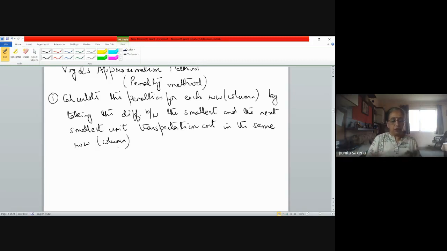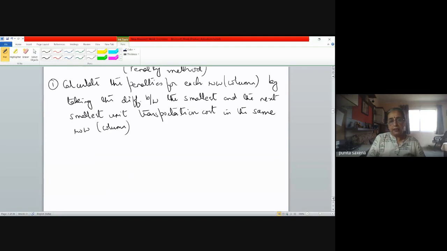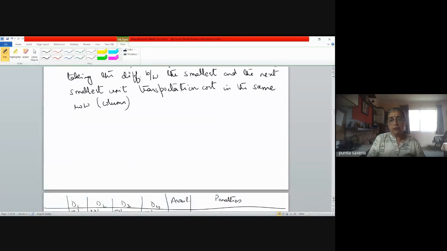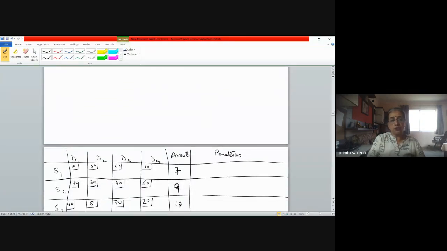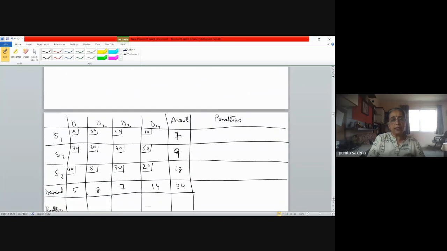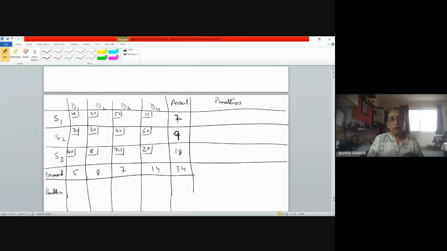See, remember this. This is your first step. That means we are going to compute the penalties. How? By taking the difference. Penalties we are going to compute for each row and each column separately, right? And how are we going to compute the penalties? By taking the difference between the smallest and the next smallest unit cost of transportation involved.